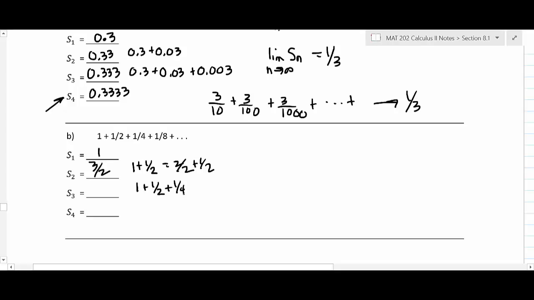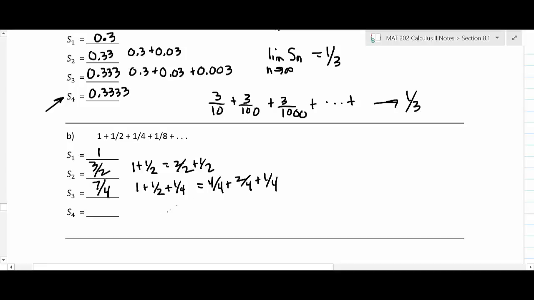Or you can just add up the previous term. So that's really 4/4 plus 2/4, sorry, plus 1/4, which would be 7/4. And you would just keep doing that forever.